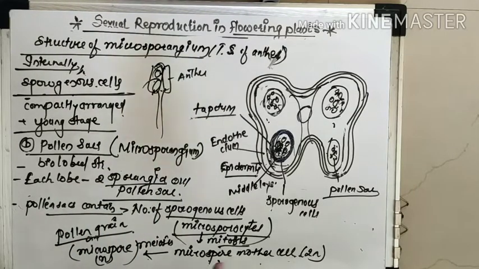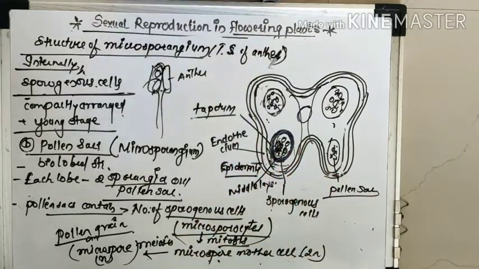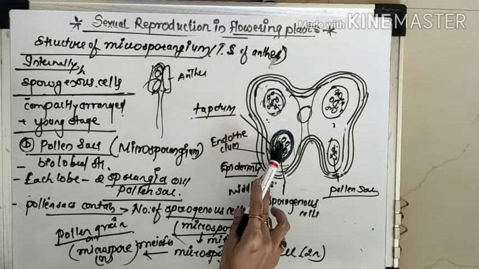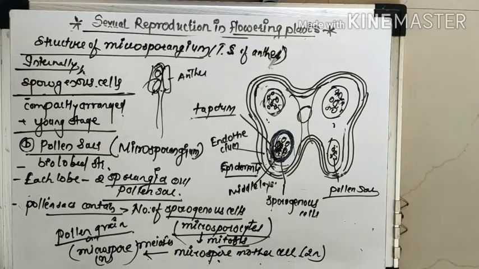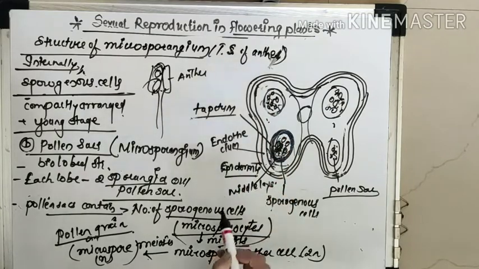It means the anther contains 4 microsporangia at 4 corners. Now this pollen sac contains a number of diploid sporogenous cells, also known as microsporocytes.